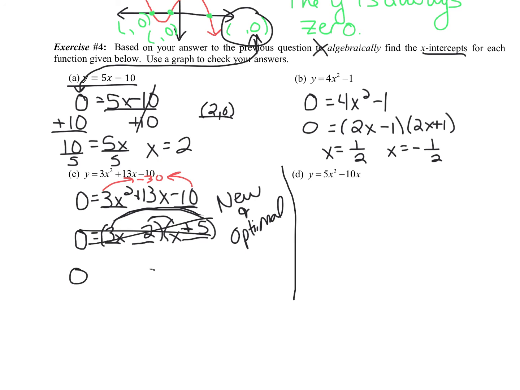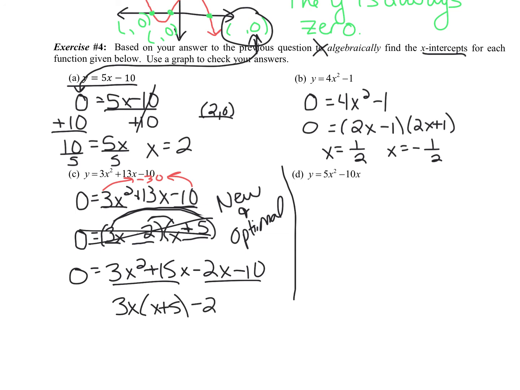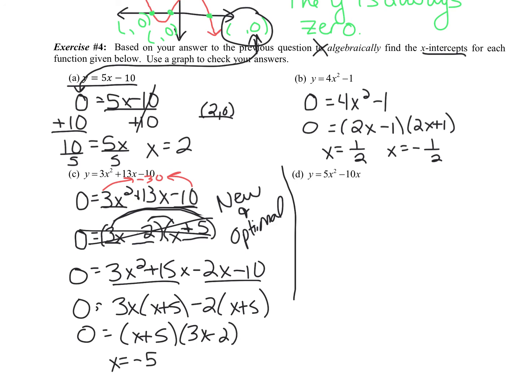So that's gonna be positive 15, negative 2, and group. And here we end up with x plus 5, 3x minus 2, which is going to give us the same exact answers of negative 5 and positive 2/3 as when I did the guess and check method.